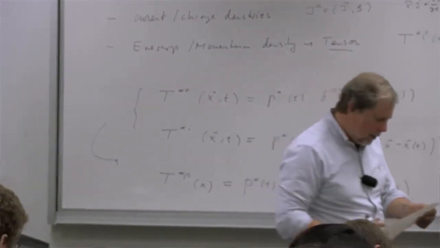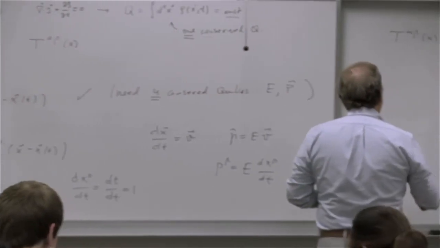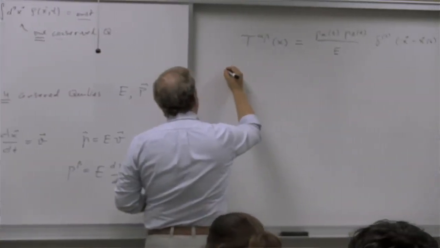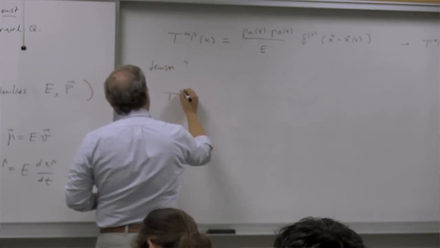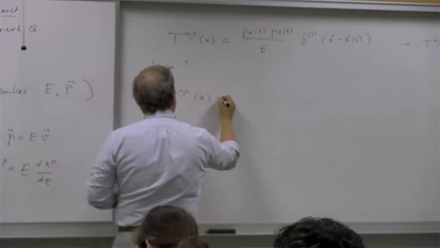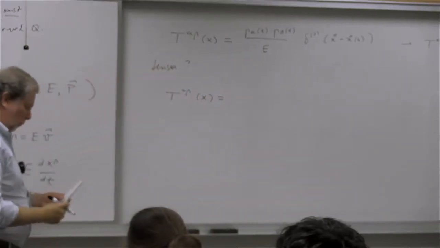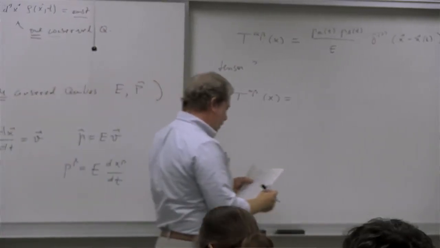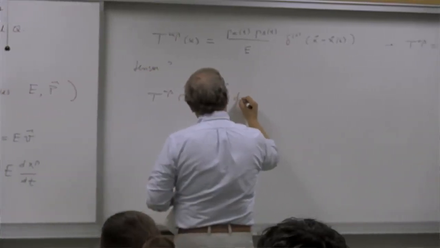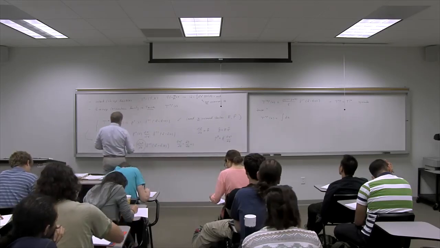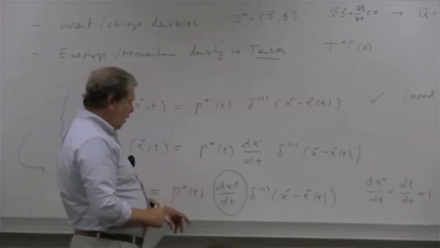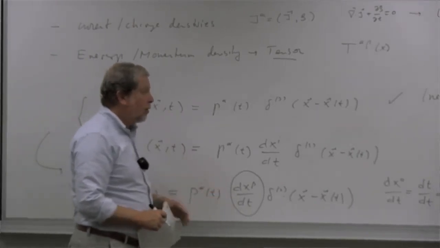And so now we play the same game we did before, right? We write T alpha beta of x as an integral in d tau. We actually go back to this expression here, which is just as good, except it's not manifestly symmetric, but who cares?